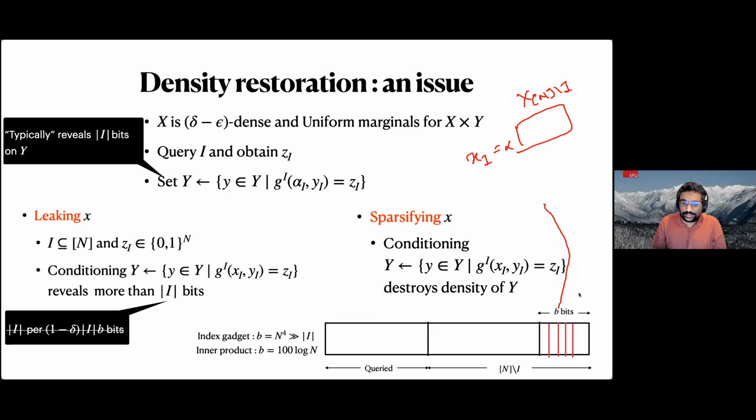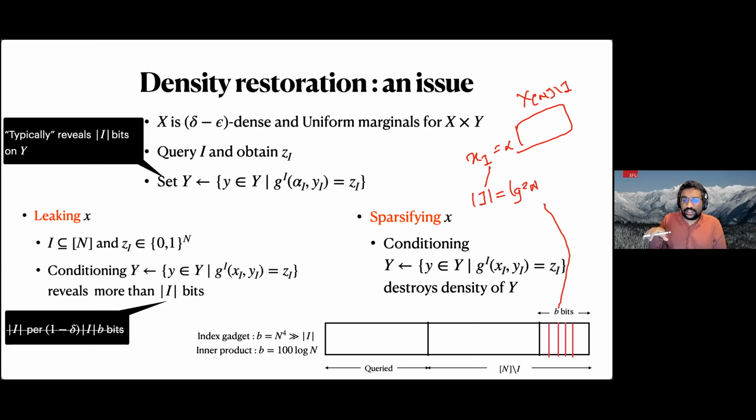But for the inner product gadget, the size B, the number of bits in the block, is only about 100 log n. And depending on where we are in the query algorithm, it could be that I is something much larger than log n, let's say log square n, or it could even be n.